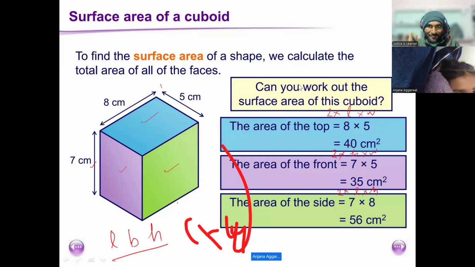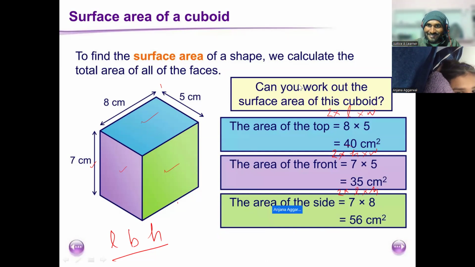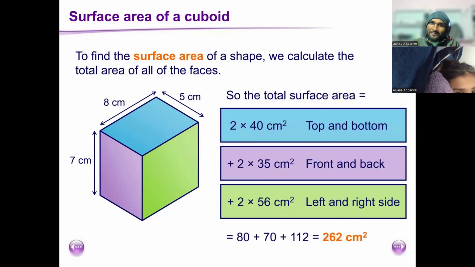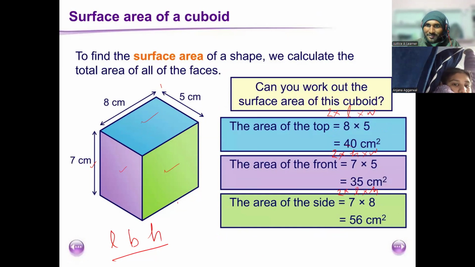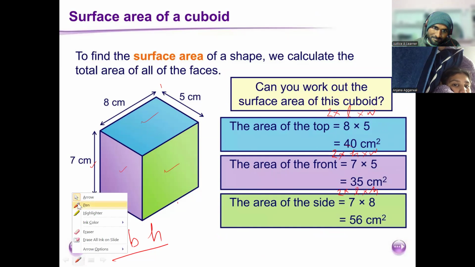No, no, wait. Listen to me. What you are doing is doing it individually. You said you need to double it. So it would be like 16 and then 10.